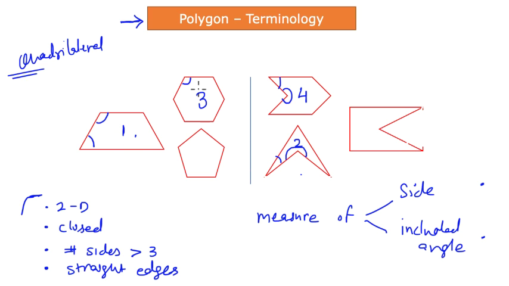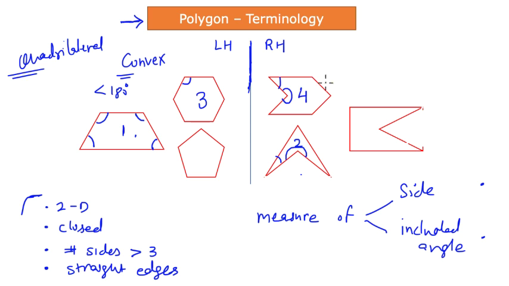Given this knowledge, one differentiation between two types of polygons can be seen with the group on the left hand side and the group on the right hand side of this line that divides these two groups. On the left hand side, each one of these polygons is called a convex polygon because each angle inside any of these polygons is less than 180 degrees, okay?